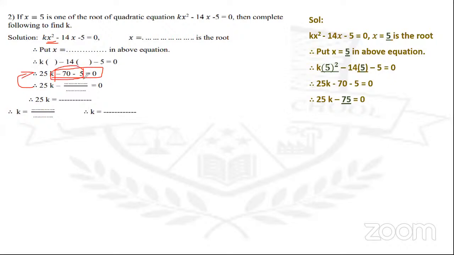You have to add both of them. You get an idea what to do further. Understand? In this application, these activity questions, when you look at the previous step, you get an idea what you have to write in the next step. So here it is 25k equals 75. So k equals 75 upon 25. So therefore k equals.